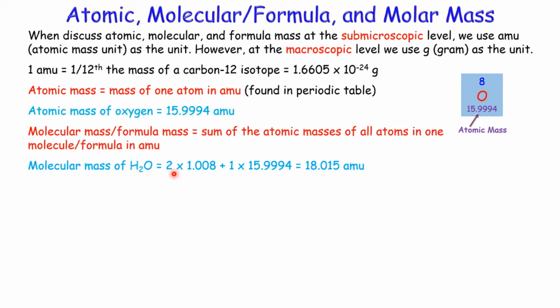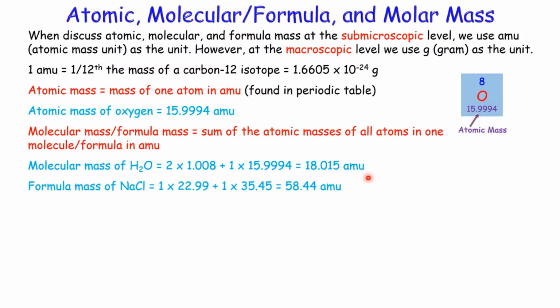We have 2 hydrogen times the atomic mass of hydrogen plus 1 oxygen times the atomic mass of oxygen. You add them together, and this is the molecular mass for a water molecule.